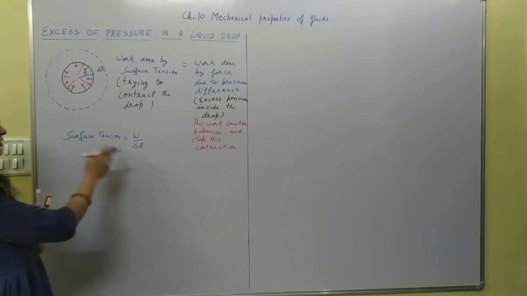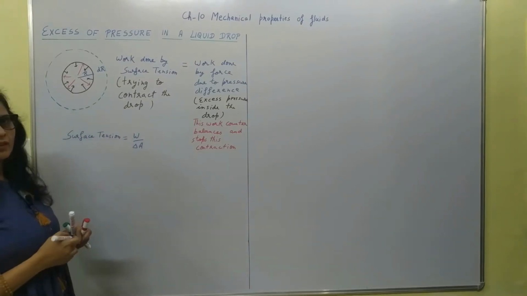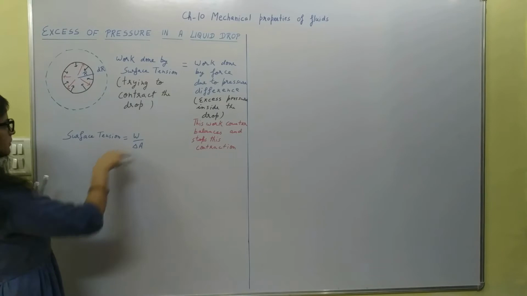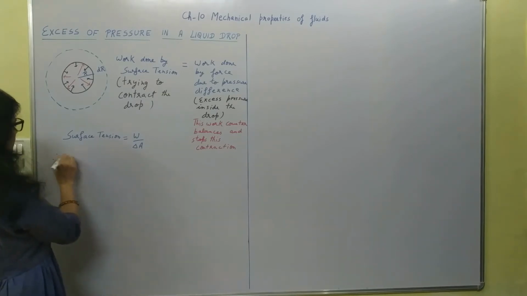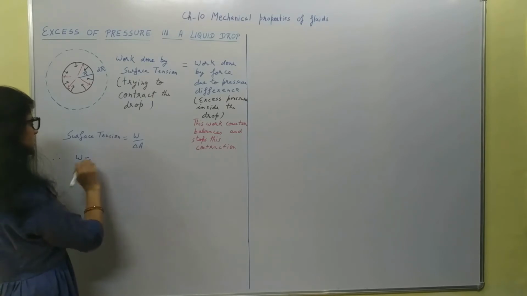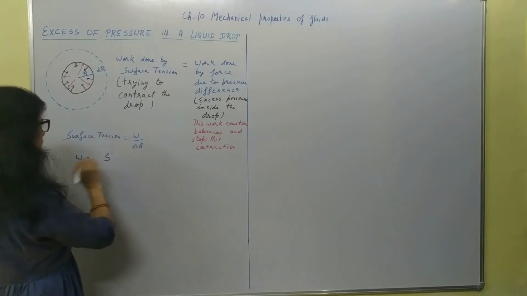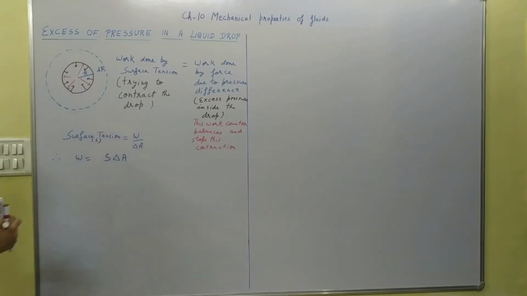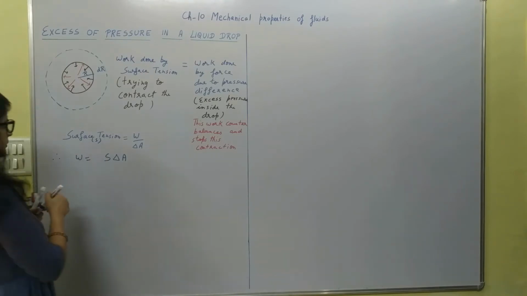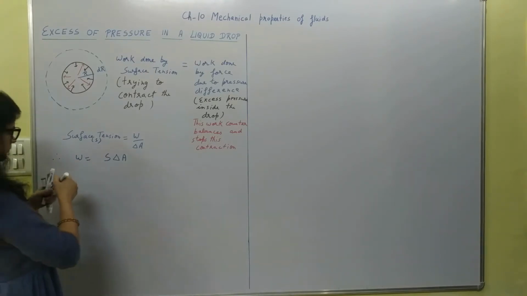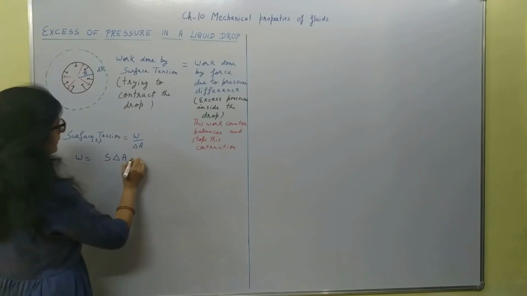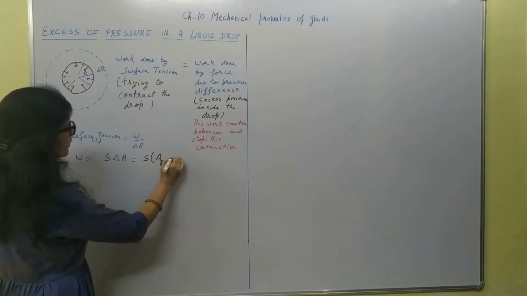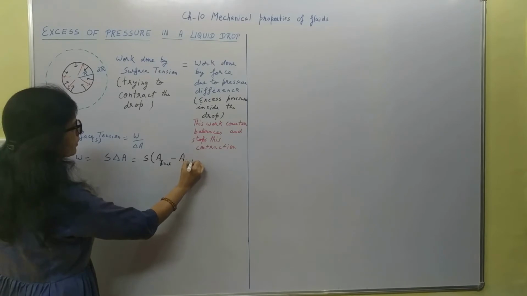So this is the work done in increasing the surface area of the surface of the drop by delta A. So this is W by delta A. So from here W can be written as surface tension, which I am denoting by S here, times delta A. So S delta A is W. So this is our first expression, where we can write that this is equal to surface tension into final area minus initial area.